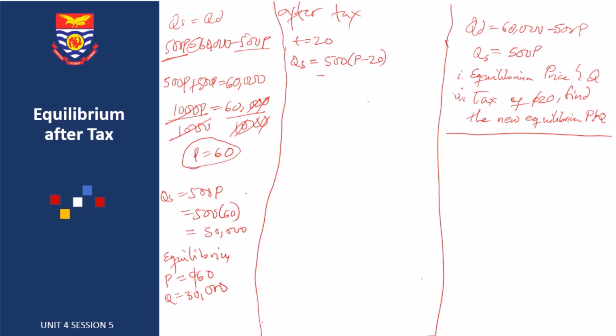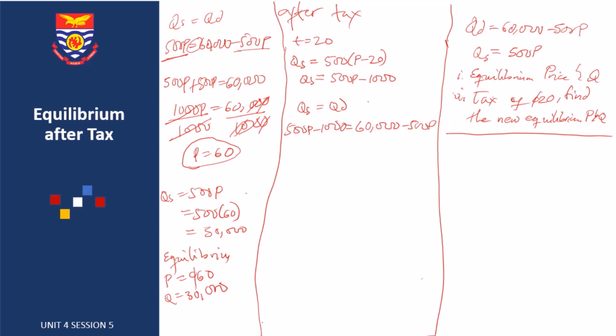We can expand to have 500p minus 1000. All right, so I know that my QS should be equal to QD for equilibrium. So I'll equate 500p minus 1000 to 60,000 minus 500p.